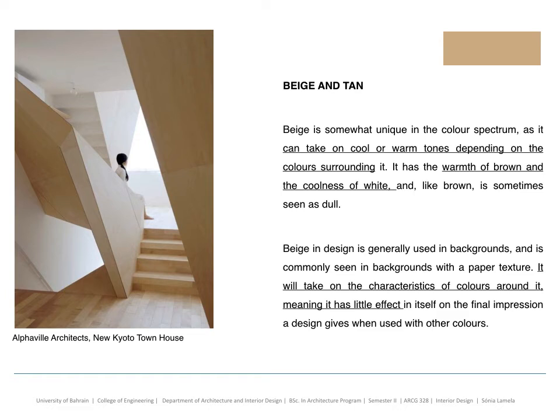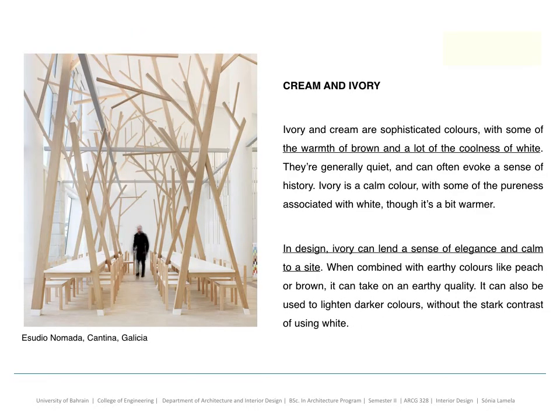It could be seen through the use of wood with brighter tones, and it can change the mood, and it can also change the relation depending on the background that it's against. The same thing happens with the cream and the ivory. They give us a sense of elegance and calm to a site.